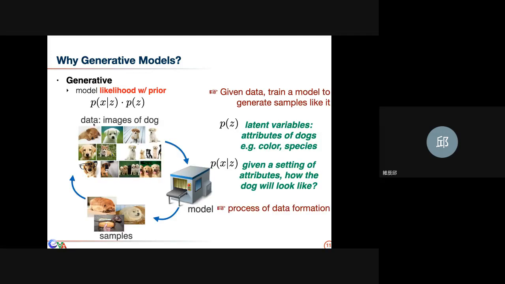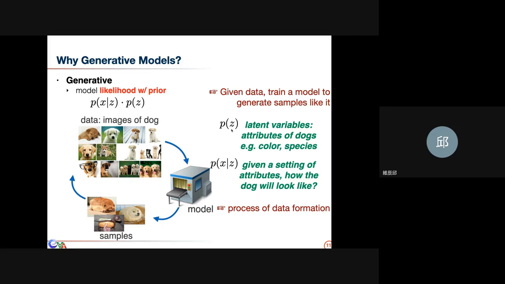So here comes an example. The data set you have now is a bunch of images of dogs. And now what is P of Z?